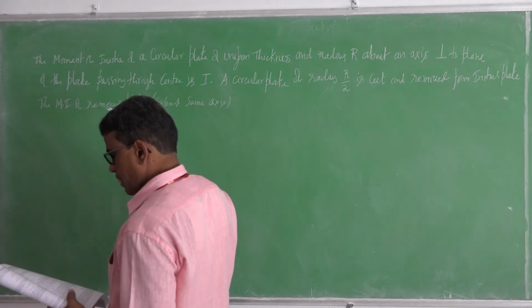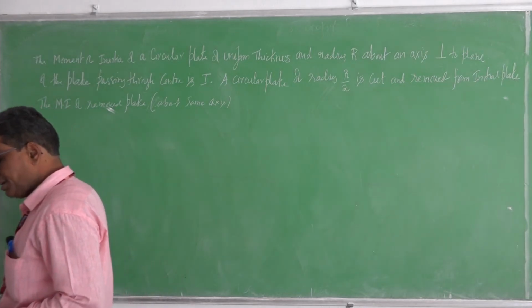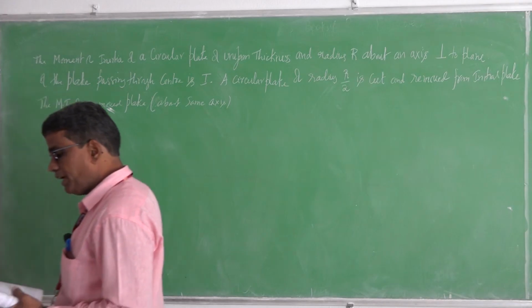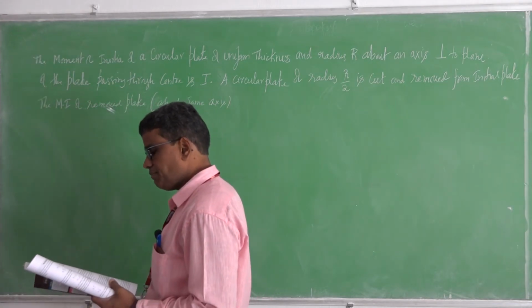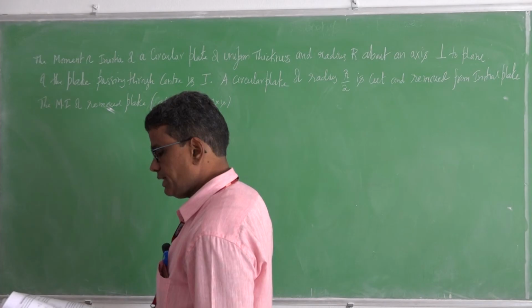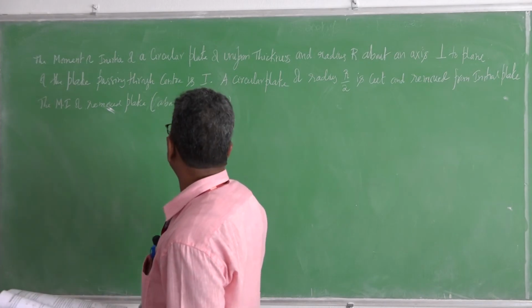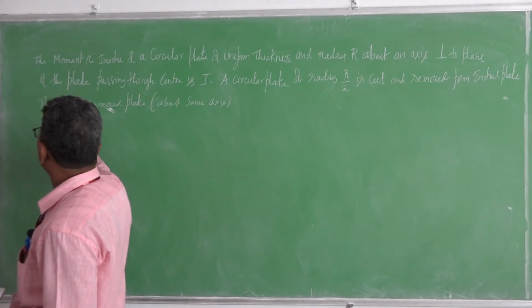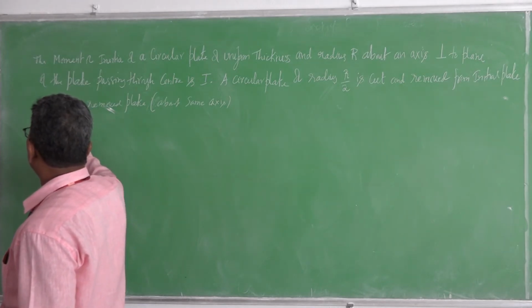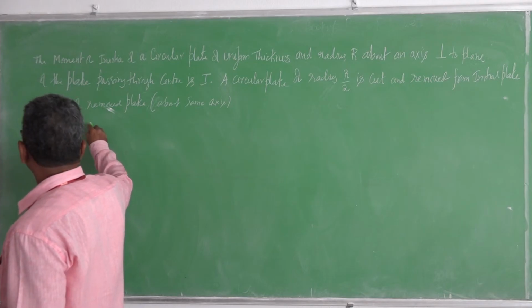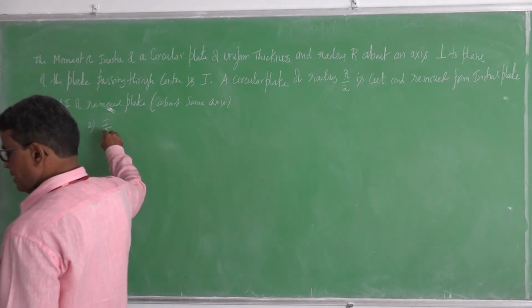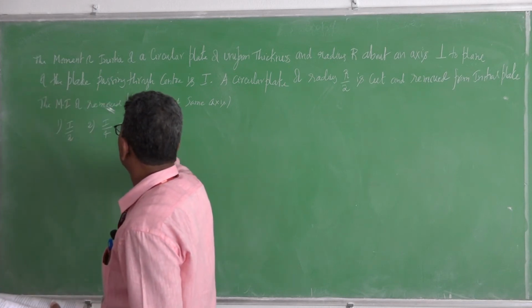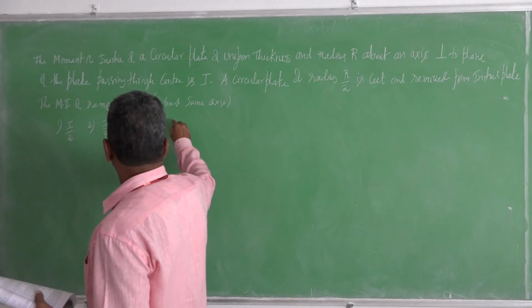That is passing through the center of the plate, and the moment of inertia of the removed plate about an axis passing through the center of the plate perpendicular to its plane is, okay, I by 2, second one I by 4, third one I by 8, fourth one I by 16.